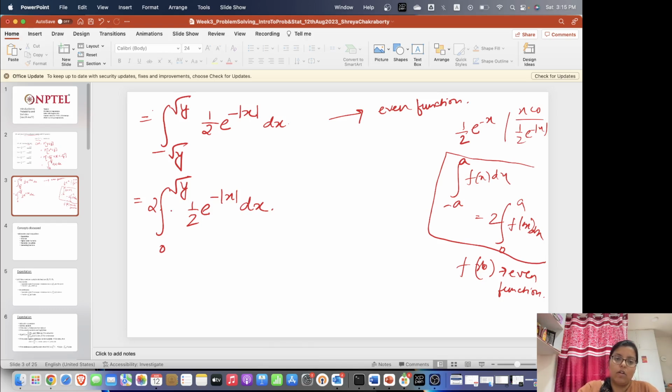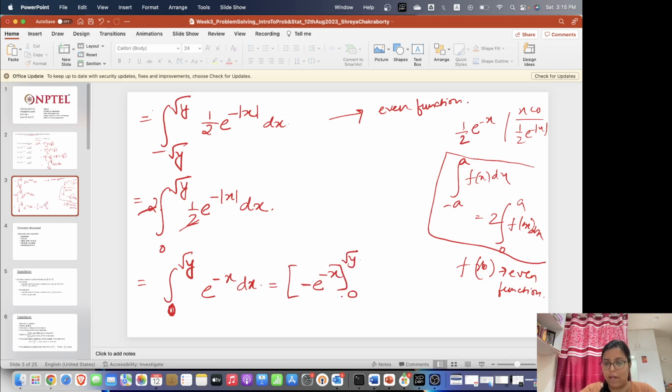Alright, so now this 2 and this half cancel out, so we can write it as the integral from 0 to root y. When x is greater than 0, mod x is also x, so we can write this as e to the power minus x dx, which is minus of e to the power minus x from bound 0 to root y.